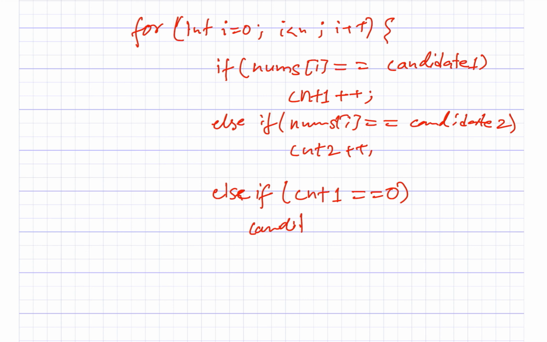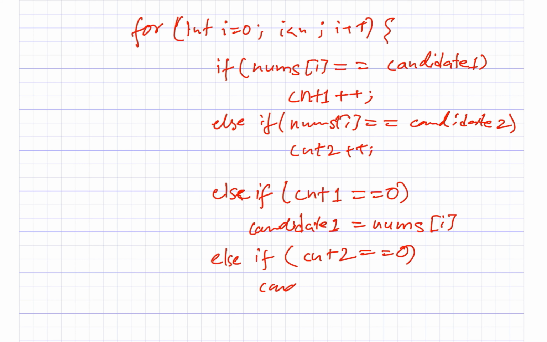We will simply say candidate 1, you replace yourself with the present element, and set count of 1 to 1. Else if count of 2 is equal to 0, then we will say that candidate 2, you replace yourself with the present element, and we will update the count of 2 to 1.